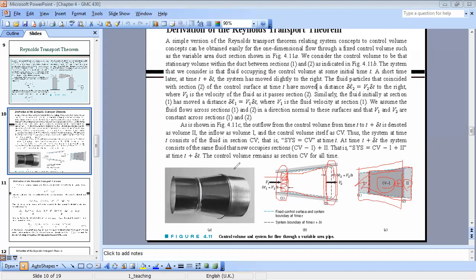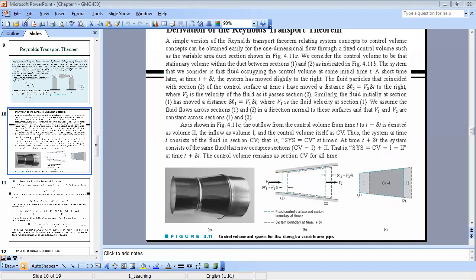So I can write that after a certain time delta t, the system is equal to the control volume, which will remain the same in both scenarios, minus part one plus part two. If I do a small physical interpretation, then what is happening is that the system is what is happening in the control volume minus what is coming in plus what is getting out.